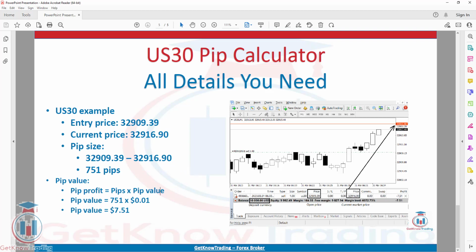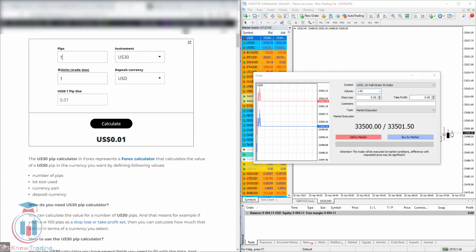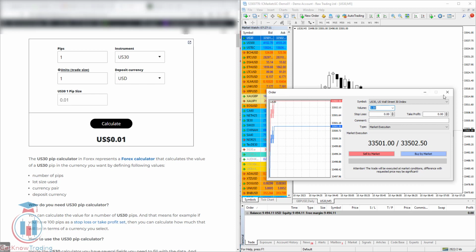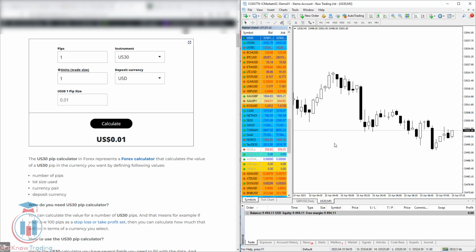Now let's go to the trading platform and the pip calculator on the Get No Trading website. In this case, I have US30 open here, the chart is here, and here is the terminal. Inside the trading platform, there is an option to get the values, also the specification sheet, from your broker.